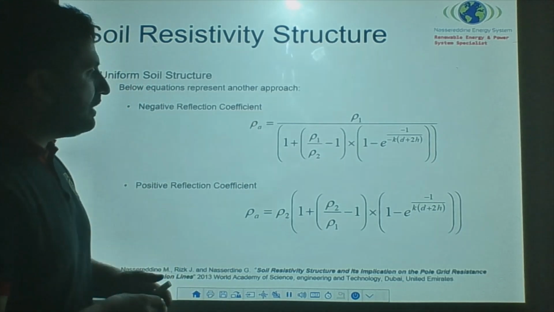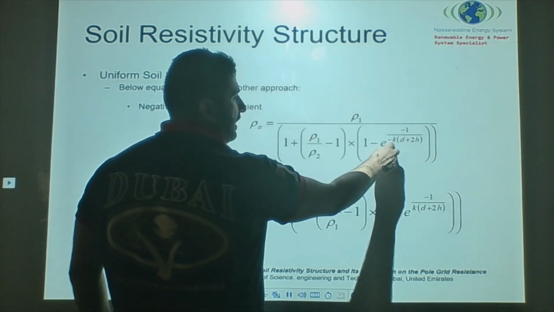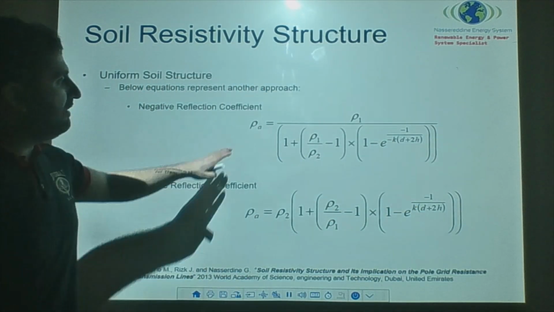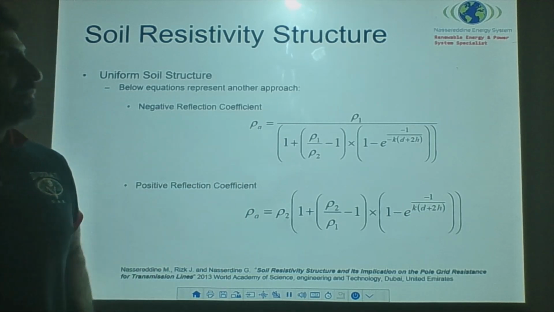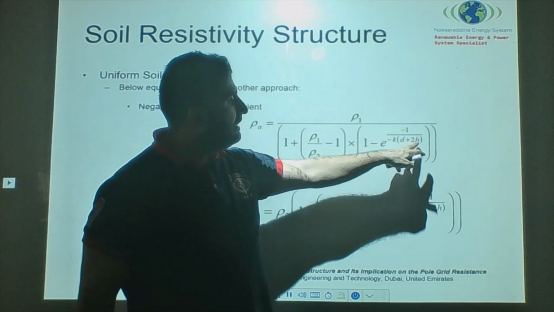So now I can use this equation when I have a negative reflection coefficient for the K, and when I have a positive reflection coefficient for the K. I have this, that. This is if you have two soil layers. H is the separation between them.